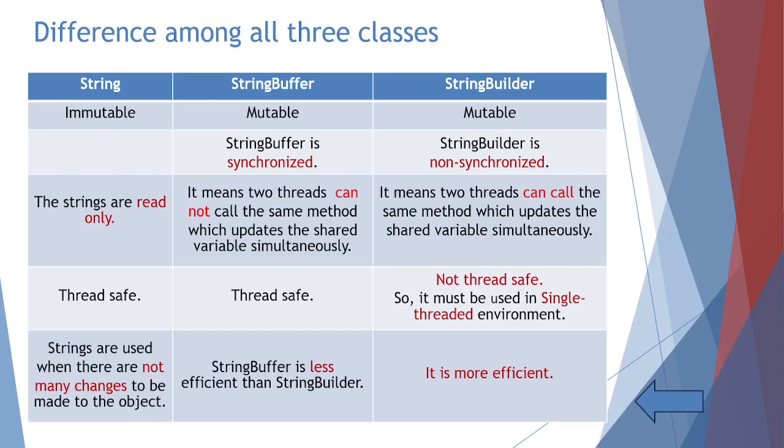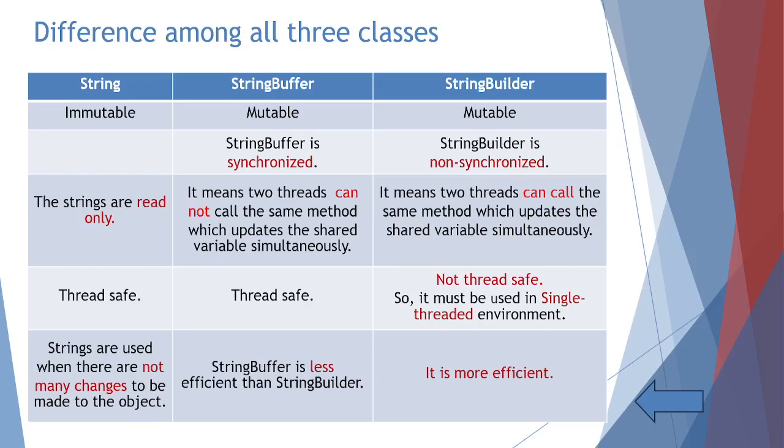StringBuffer is synchronized. String, being a read-only type, is thread safe. And StringBuffer, because of synchronization, is thread safe. Whereas StringBuilder is non-synchronized, meaning 2 threads can call the same method which updates the shared variable simultaneously.